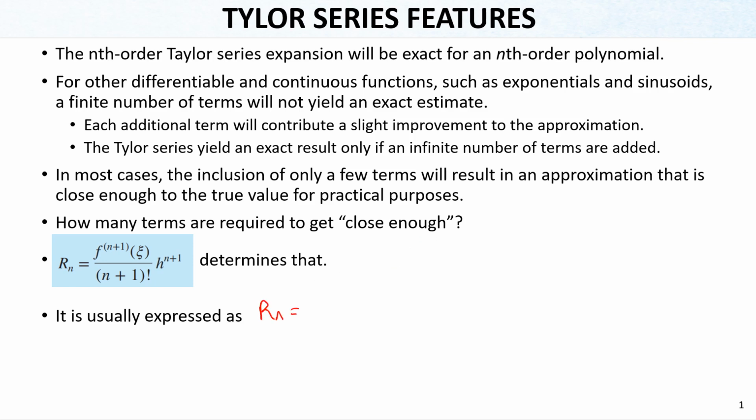And you can see that this is in the n plus 1 degree. That's why we call this error in the degree of n plus 1. And this means the truncation error is of the order of n plus 1.